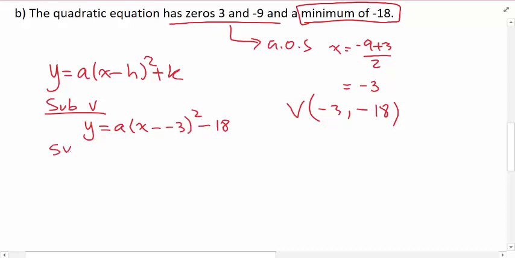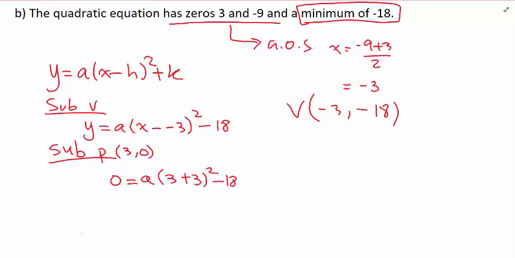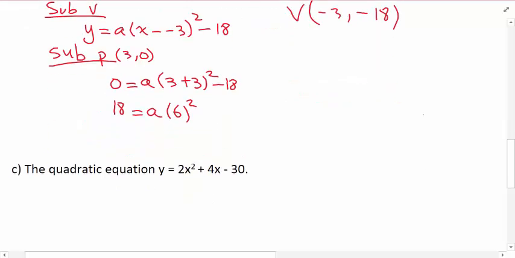Then you're going to sub in the point, so that's going to be one of the zeros. I'm going to plug in (3, 0). So it's going to be 0 = a(3 + 3)² - 18. Bring the 18 to the other side, so 18 is equal to a(6)².